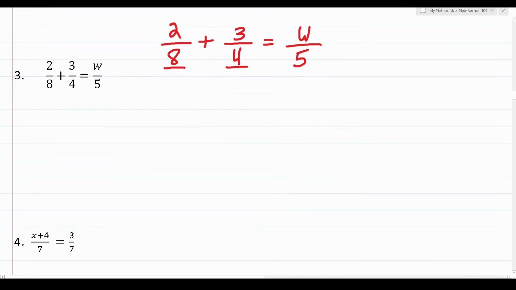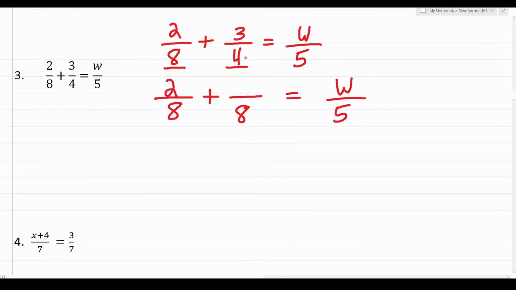Well, what's the common denominator between 8 and 4? That's going to be 8. So we're going to rewrite these fractions such that they have denominators of 8. All right, so 2 eighths already has a denominator of 8, so we'll just go ahead and copy that one down as is.